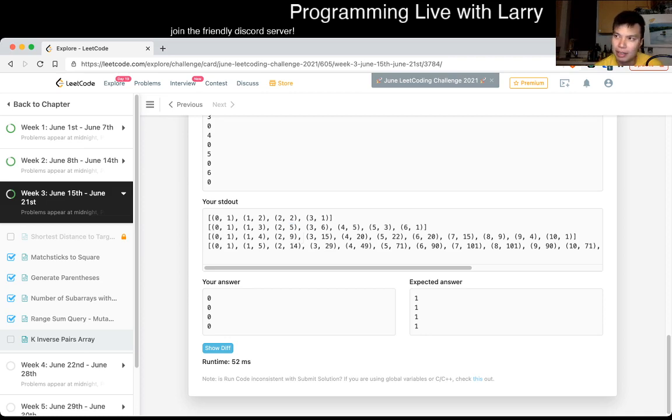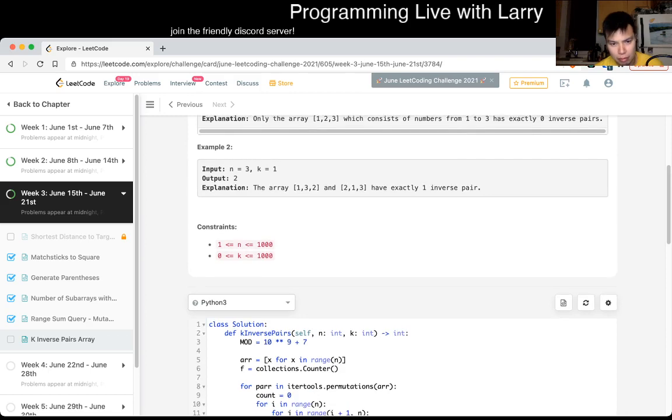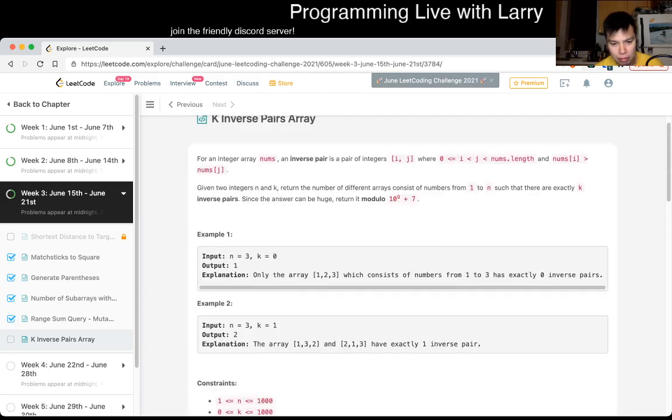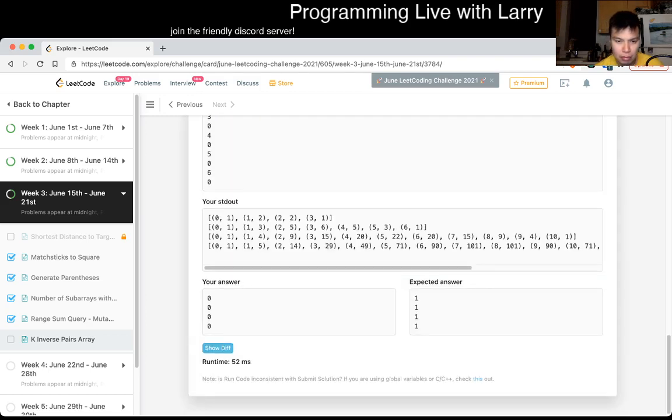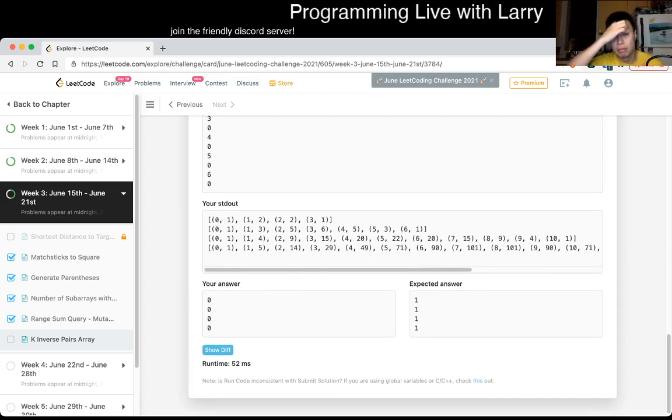I'm not sold on the way that I said it. Because, okay, so this is 3, 2, 3, 2 is equal. So 4 with 2 inversions is just equal to 4 with 1 inversion.